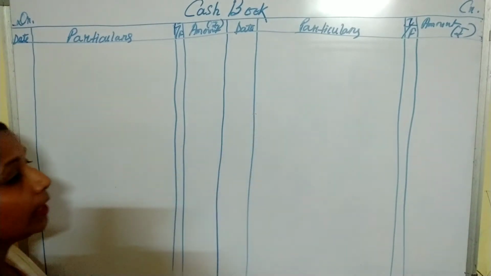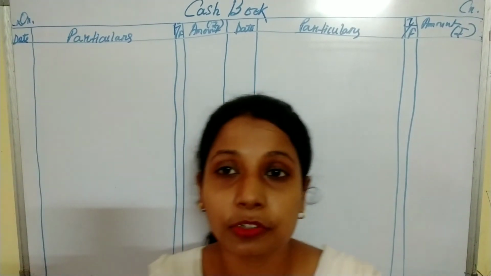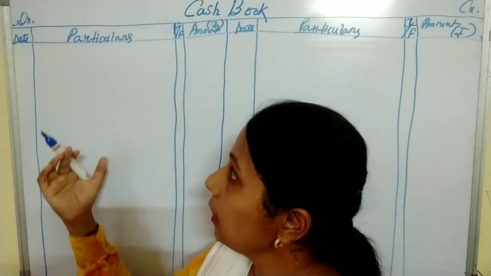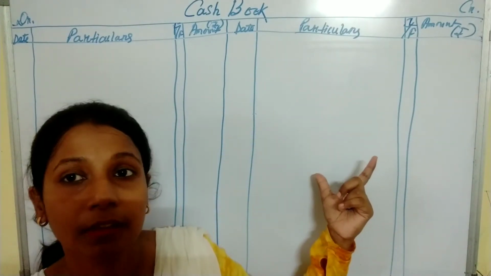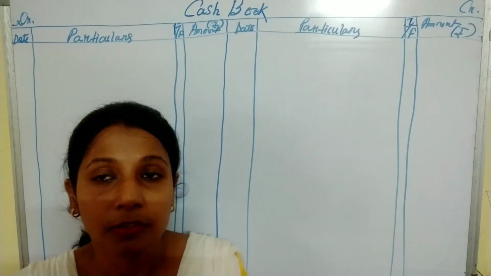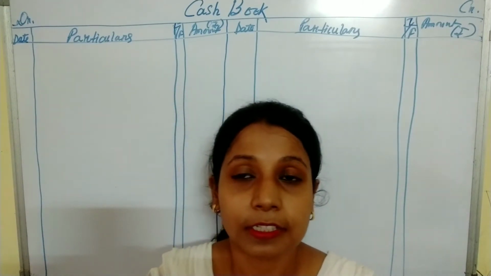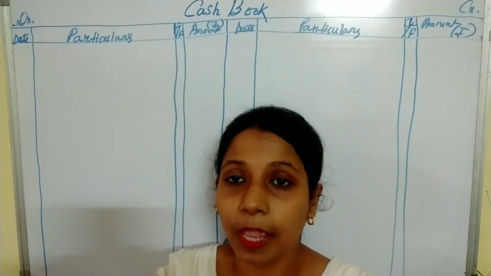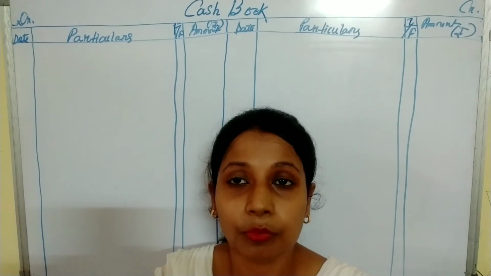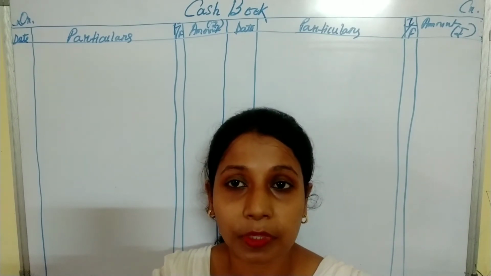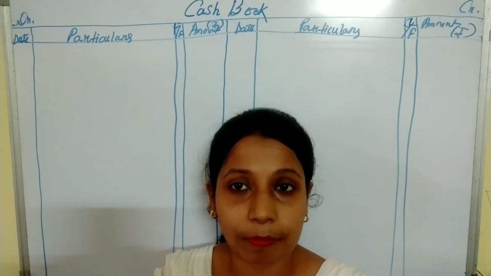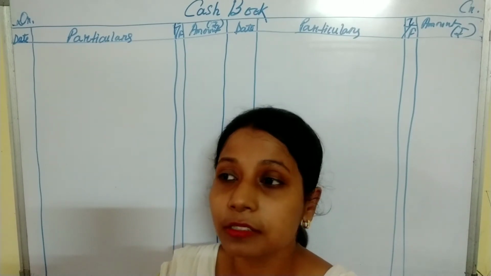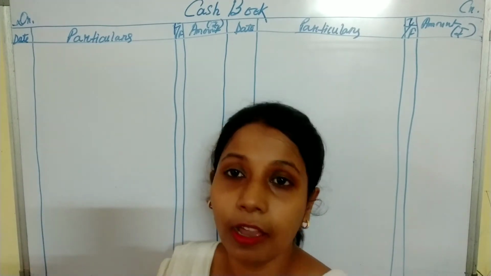So what I have said, that all the cash receipts are recorded in the debit side and all the cash payments are recorded in the credit side. So our first journal was that to receive the application money. So what was the journal? Bank account debit or cash account debit to equity share application account. So this entry will record here in the cash book.